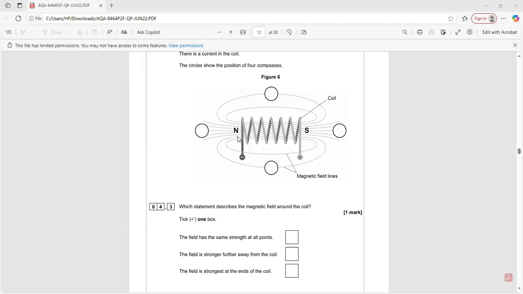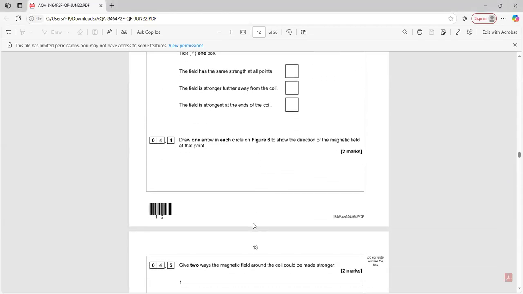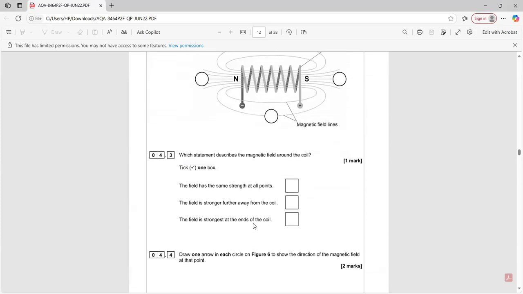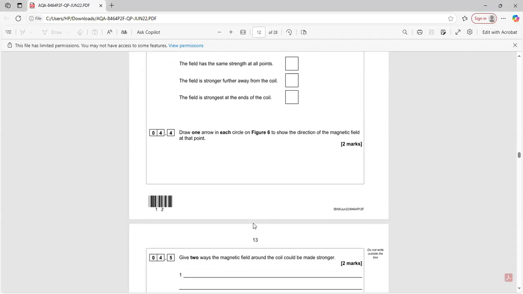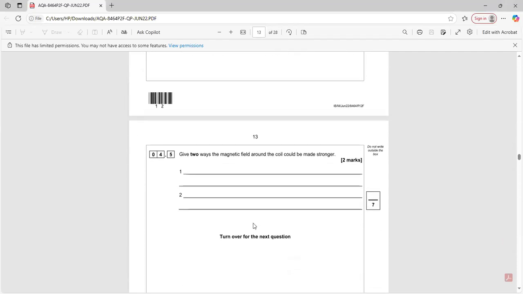I think that last option is correct. It says the field is strongest at the ends of the coil. The North Pole and the South Pole. I'll go with that. Does the mark scheme agree with that? Yes.